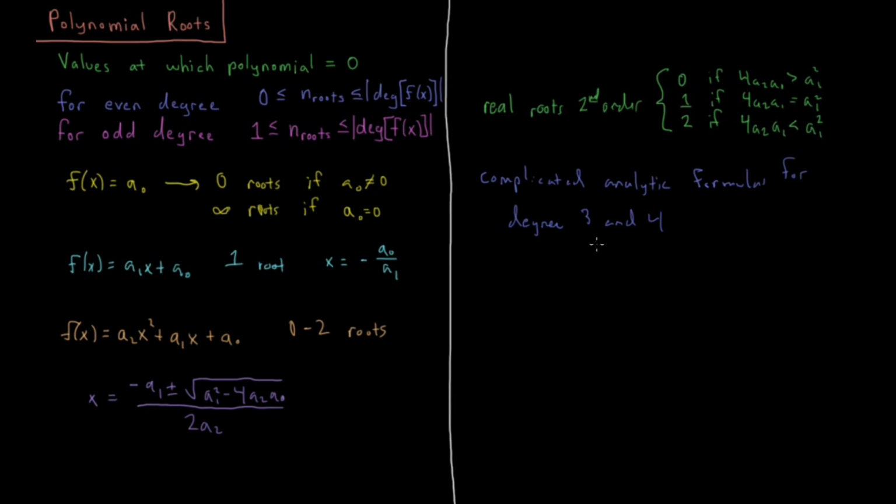So if you want to find the exact roots of a third-order or a fourth-order polynomial, which you can't factor into second or first order, the analytic solutions exist and you can look them up. They get much more involved than this, and the fourth-order one is quite involved, to say the least. So those exist, but for fifth order and beyond, we don't have exact formulas analytically.